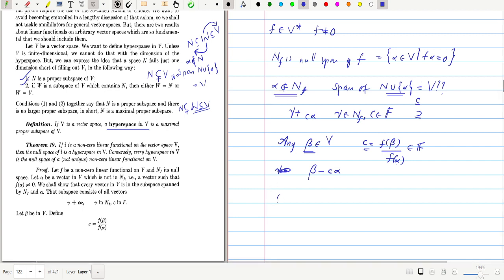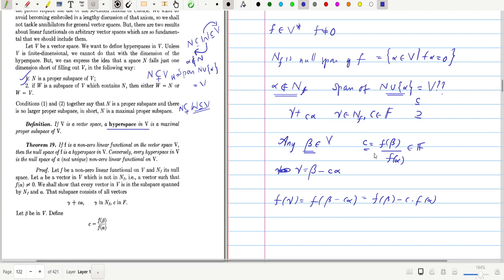Then what is f of, I put it as gamma, for some gamma, that is f of gamma is nothing but f of beta minus C alpha, that is equal to f of beta minus C times f of alpha.